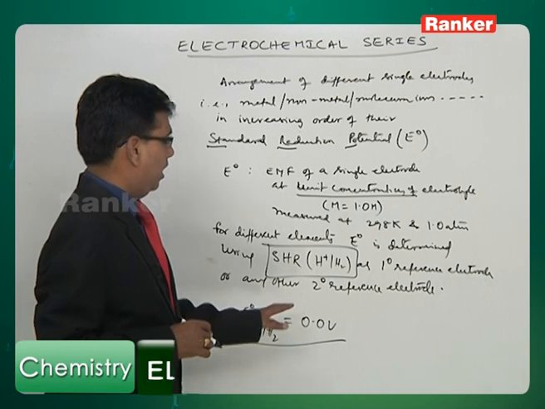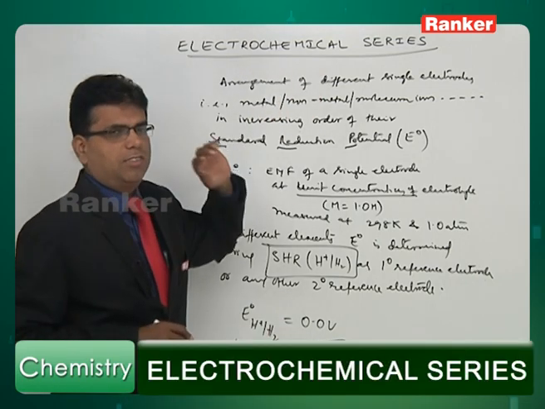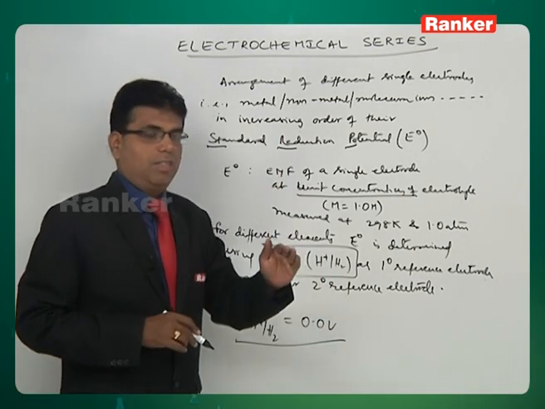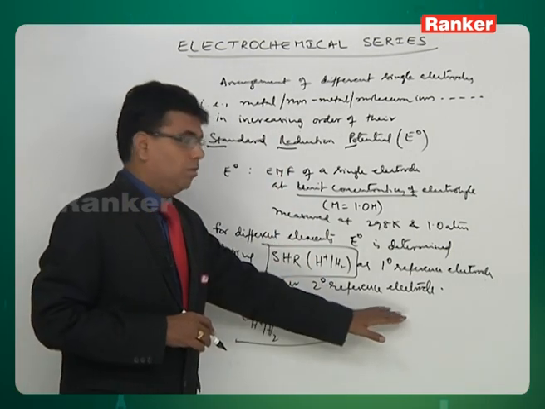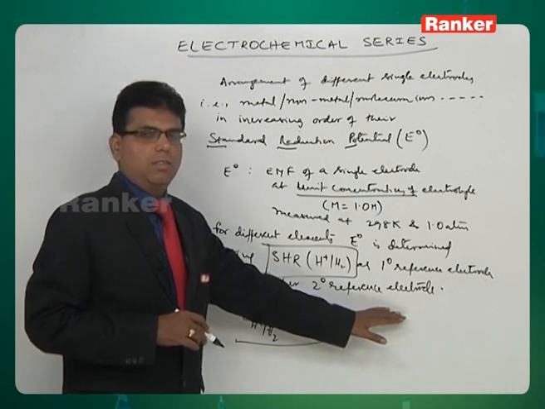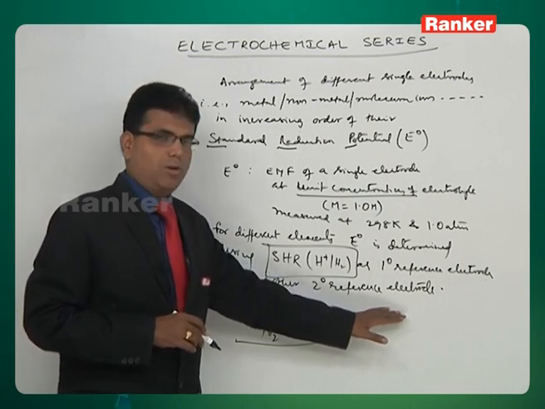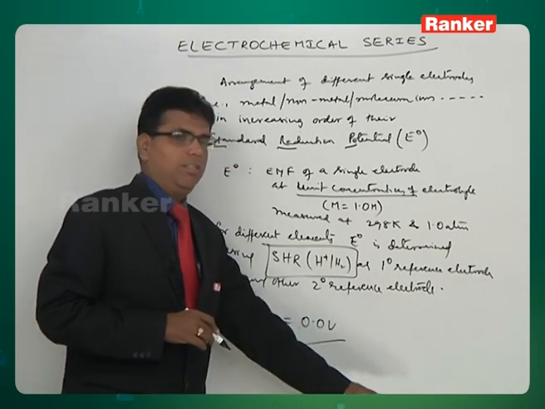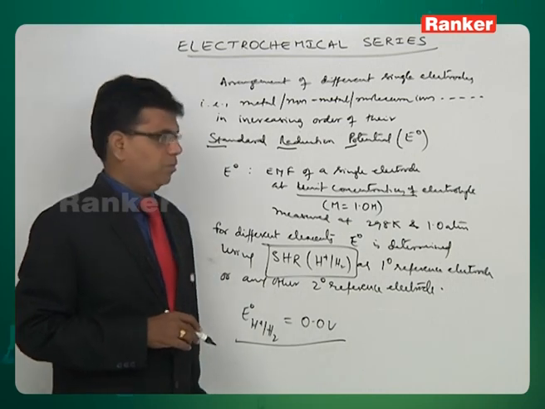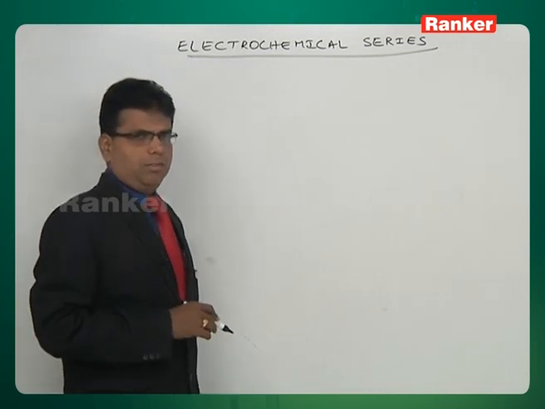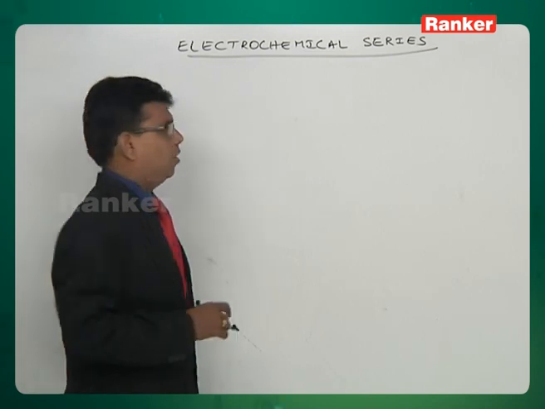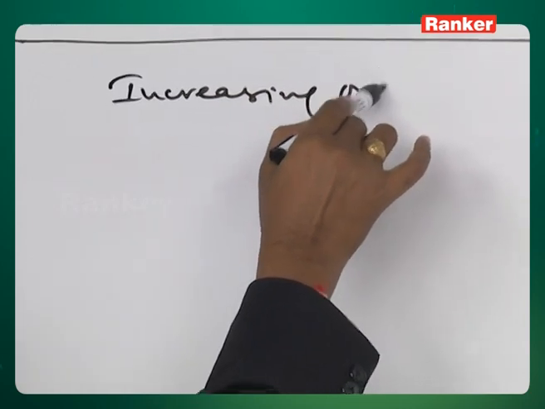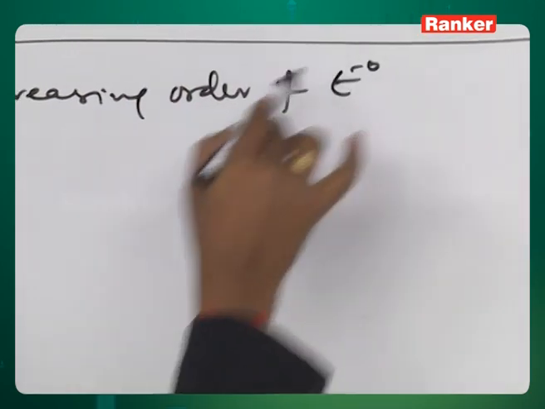Now, the electrochemical series is the arrangement of all those elements in increasing order of their SRP, starting with the least reduction potential, with the value reaching 0 at hydrogen, and below this positive values. So, in the electrochemical series, the elements are arranged in increasing order of E naught.